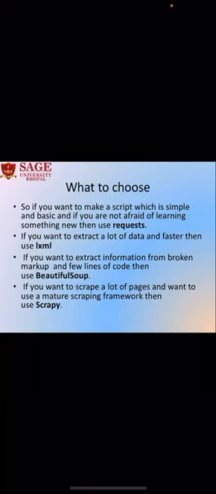If you want to extract a lot of data and faster, then use LXML. If you want to extract information from broken markup with few lines of code, then use Beautiful Soup. If you want to scrape a lot of pages and want to use a mature scraping framework, then use Scrapy.